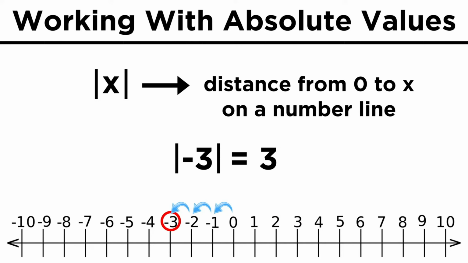Now look at negative 3. This is also 3 units away from 0, so the absolute value of negative 3 is 3.